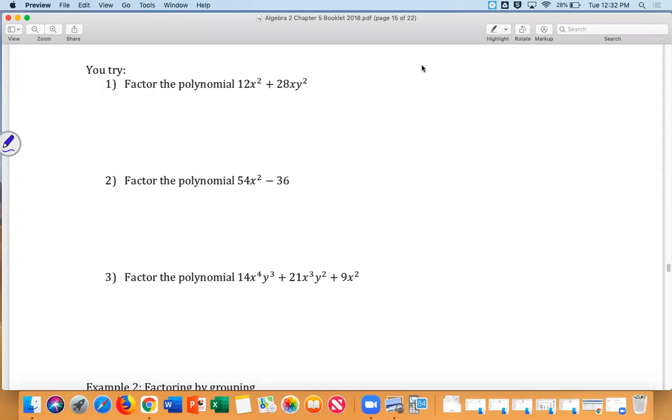6 and 14. They're still both even. Oh, wait, you can make them smaller. Remember, it's the greatest.